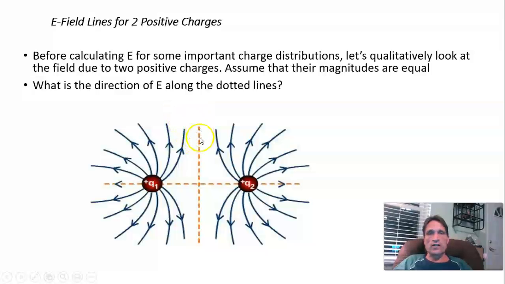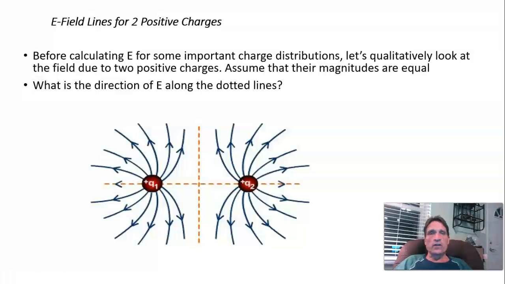And since anywhere along this line the charge is an equal distance from Q1 and Q2, these vectors would be equal magnitudes. The horizontal components would cancel, the verticals would add, and the electric field would be along the vertical direction. We could go down here, and the electric field would point in the vertical direction. The probe charge would be repelled by Q2, and repelled by Q1, so the vertical components add in the negative direction, and the horizontals cancel.